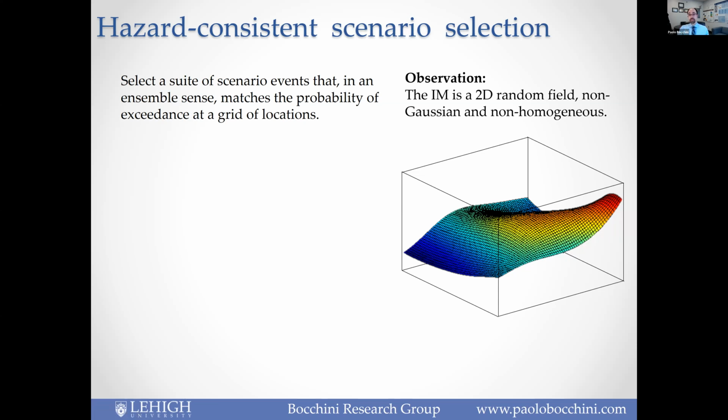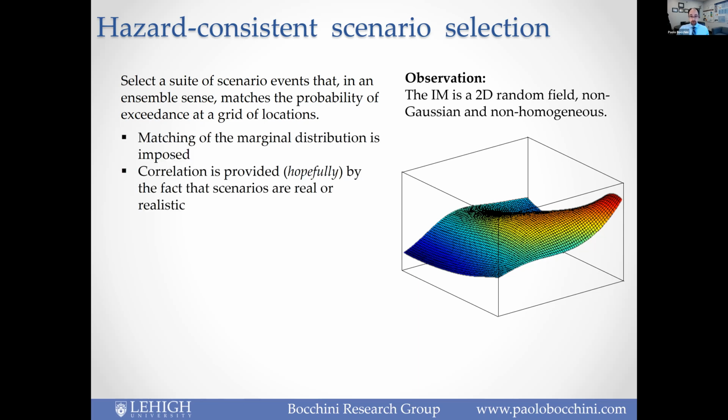Now, the hazard consistent scenario selection studies try basically to match the marginal distribution, right? They enforce the matching of the marginal distribution through the matching of the hazard. And then the correlation is hopefully provided by the fact that we're using real intensity measure maps, and so they will be somehow correlated.